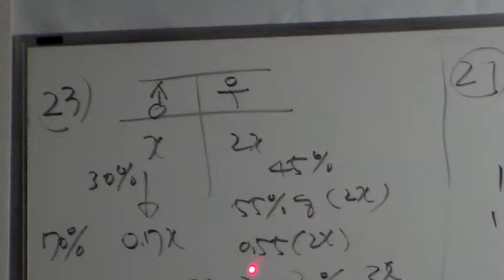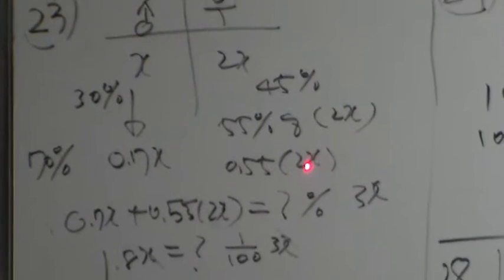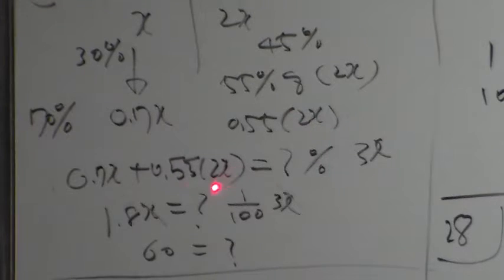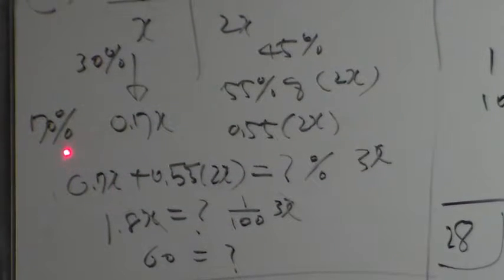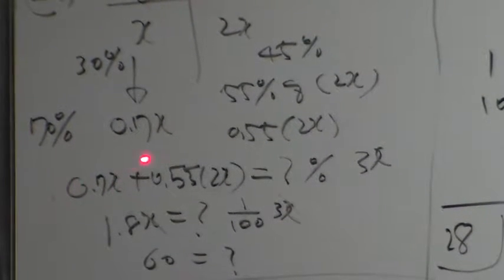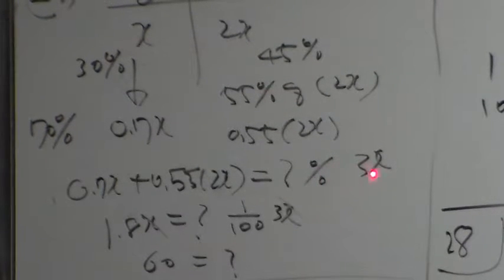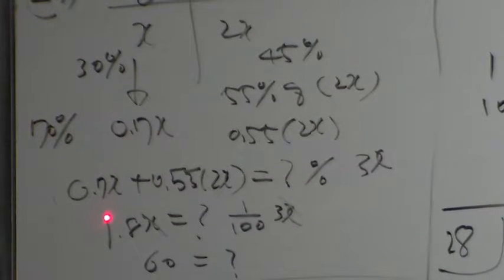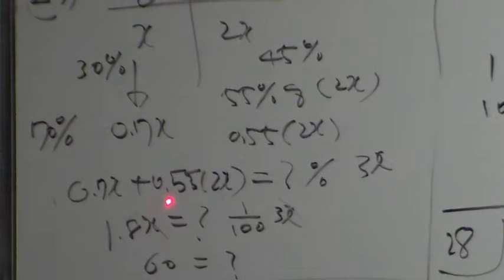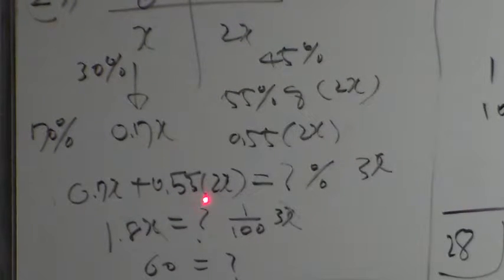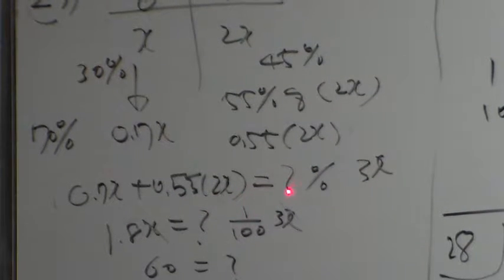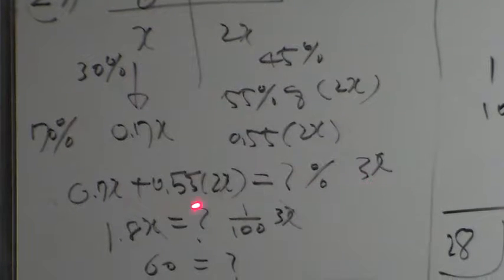So this calculation is 0.55 times 2x. Then they ask, this total is what percent of the total students? The total students are 3x. So 0.7x plus 0.55 times 2x is what percent of 3x?